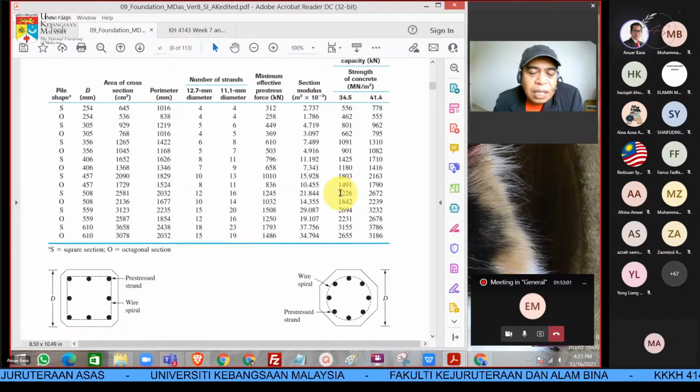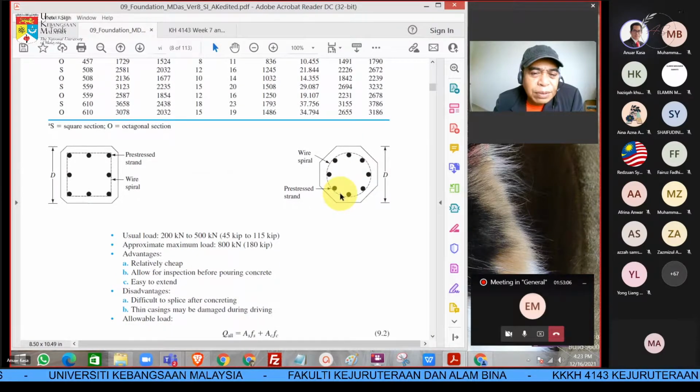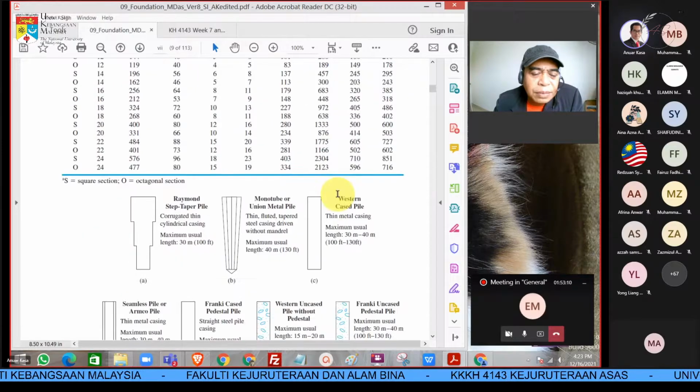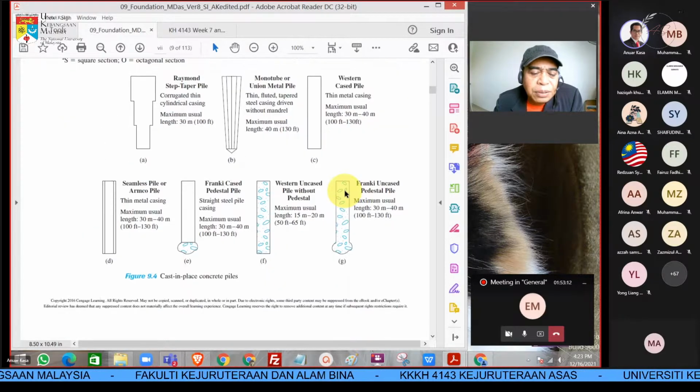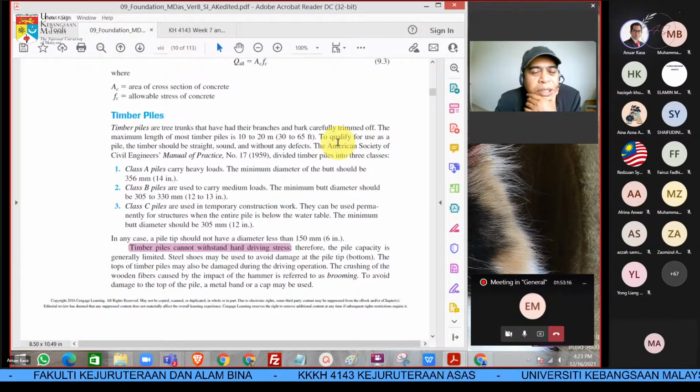And we can have several kinds of section for concrete. You can see this one. Also, we can have a timber pile.